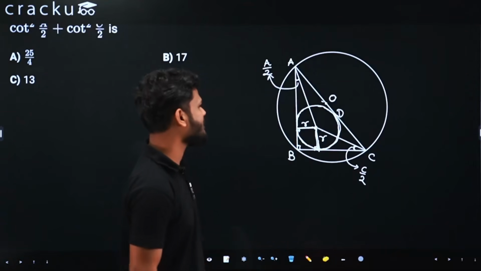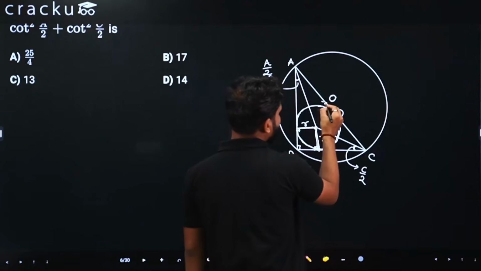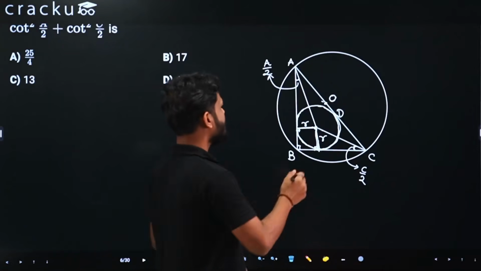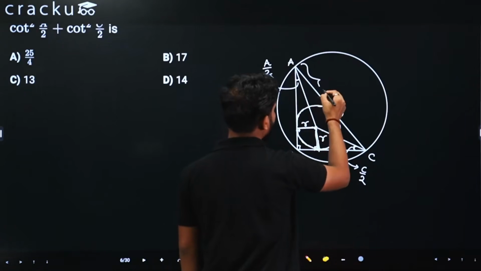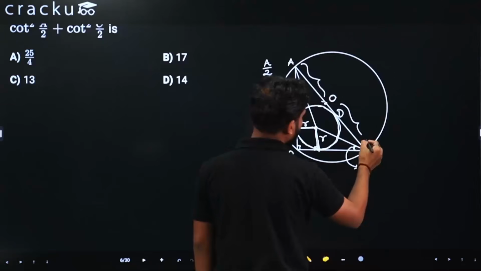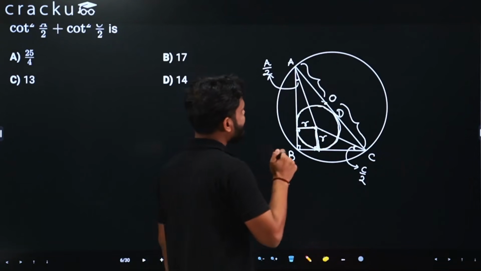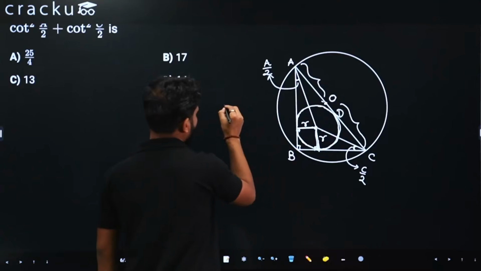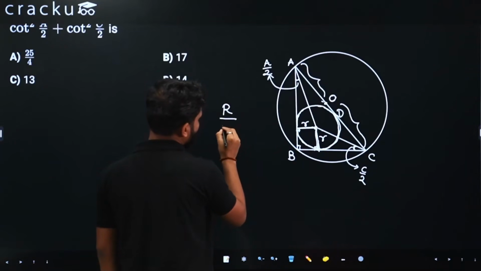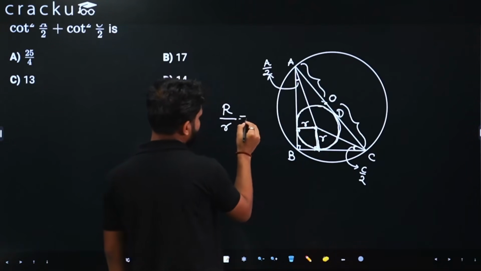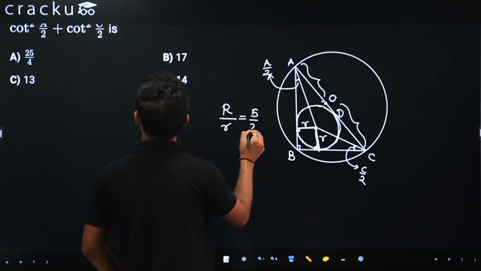Now what can happen? O is the center of the circumcircle. So this AO will be equal to OC, right? Now you can say AO, which is capital R, upon small r, which is this one, is given as 5 by 2, right?